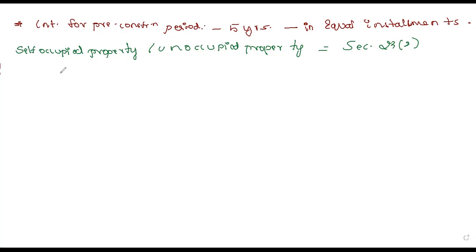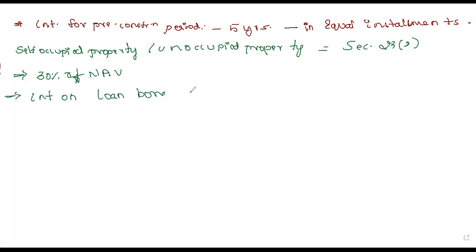Here also the local authority has a standard deduction, that is 30% of MAV. This is the standard deduction of 30%; everywhere we consider this, so you have to remember it. Apart from this, interest on loan borrowed is also important.